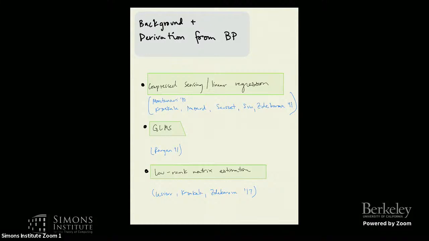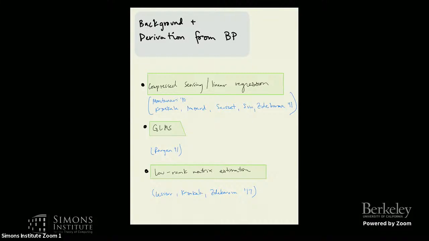The idea is you have a problem like compressed sensing. You write down a factor graph representation of the problem, you write down a belief propagation over that factor graph, and then you make some approximations and out comes the AMP algorithm. The papers I've cited here have given those belief propagation type derivations for AMP algorithms for the various problems.